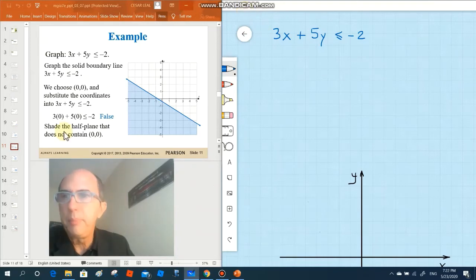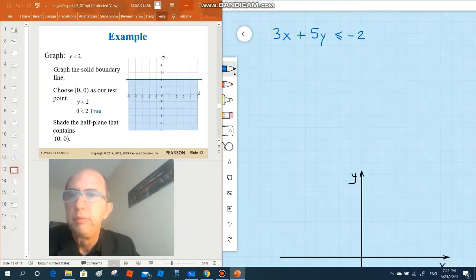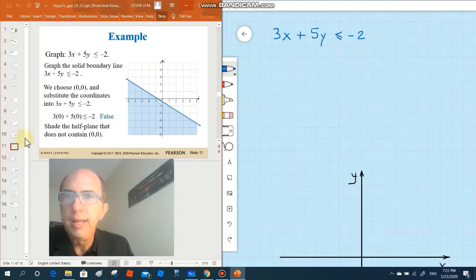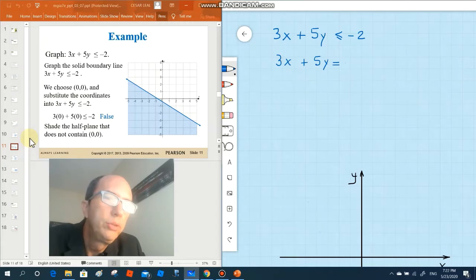So, step by step, first step, graph the boundary line. The boundary line is going to be 3x plus 5y equals -2. This is the boundary line.